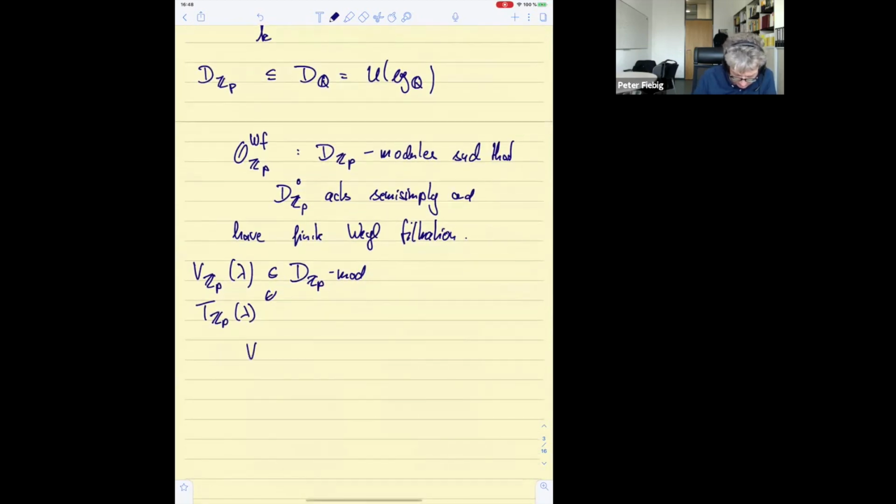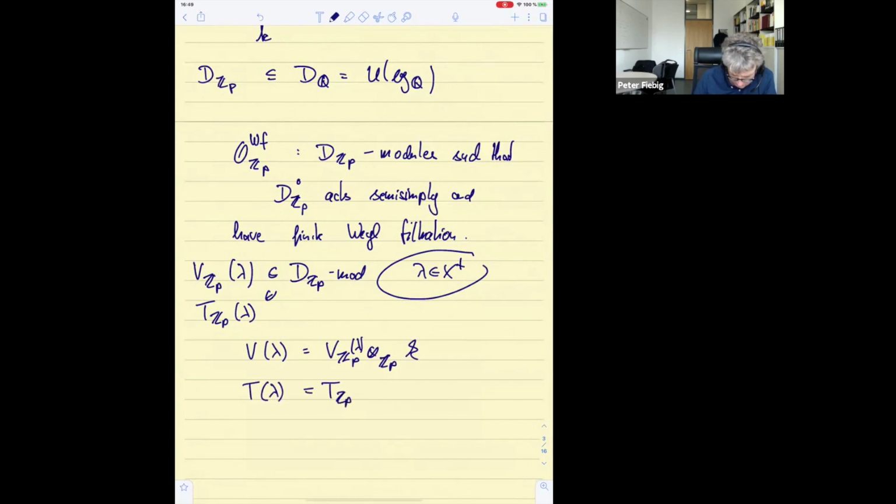So our V lambda, where lambda is dominant, you obtain from this deformed version by base change, and also the tilting module. Also, this base change functor is exact because everything in our category is free over C_p.